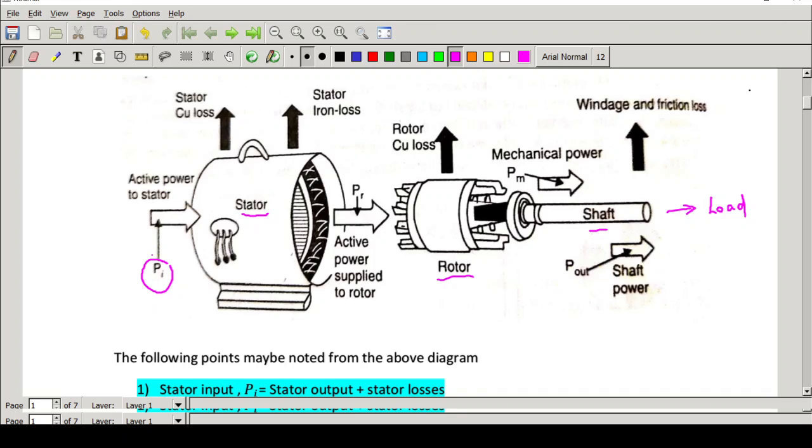From this power Pi, first we have to subtract the stator copper loss, then the stator core loss.